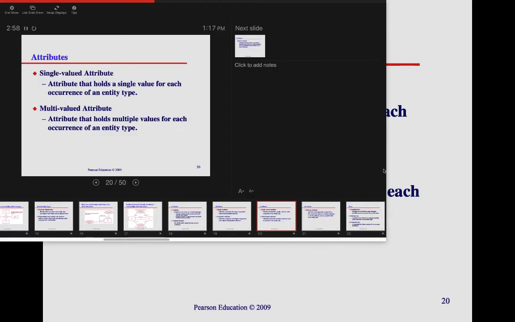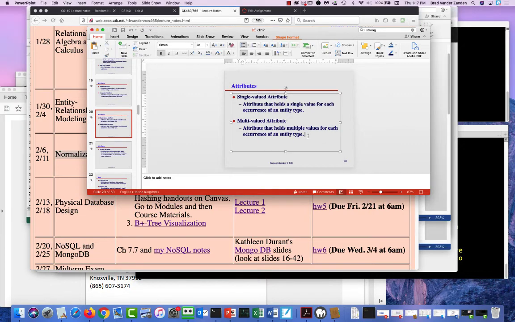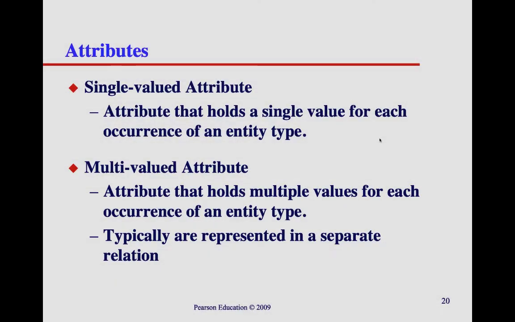So multi-valued attributes typically show up or are represented in a separate relation. So relationships can end up as a relation, multi-valued attributes can end up as a relation.